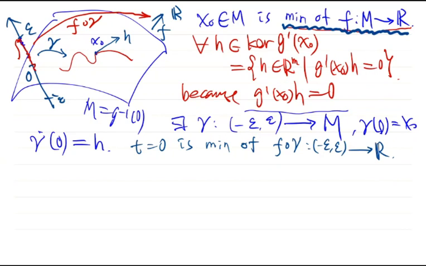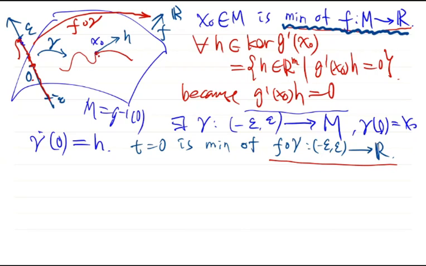Because for every point near x0 on M, the value of f at that point is greater or equal to that at x0, which corresponds to t equal to 0. For t near 0, gamma t is very close to the point x0. So in conclusion, t equal to 0 is the local minimizer of the composition function.